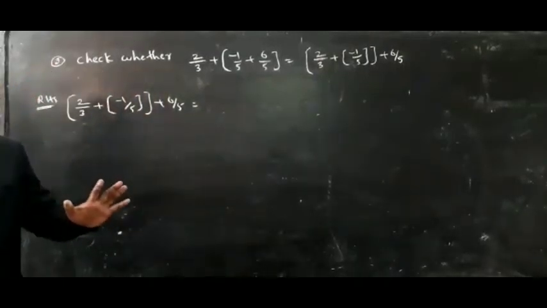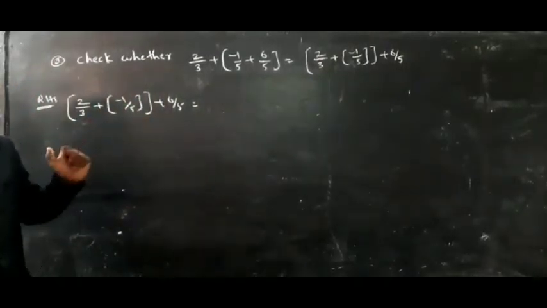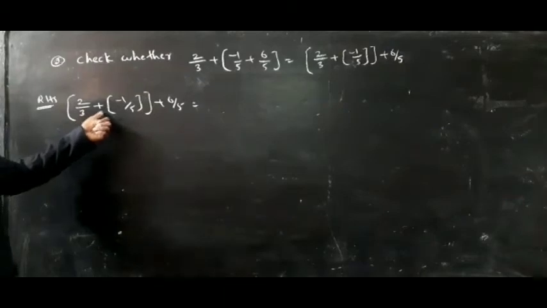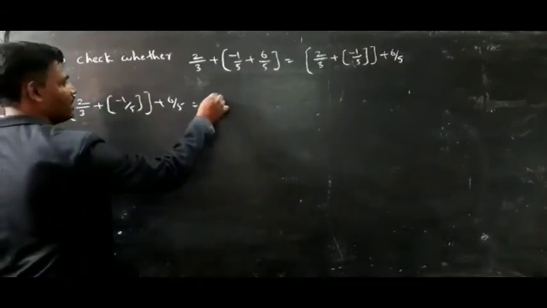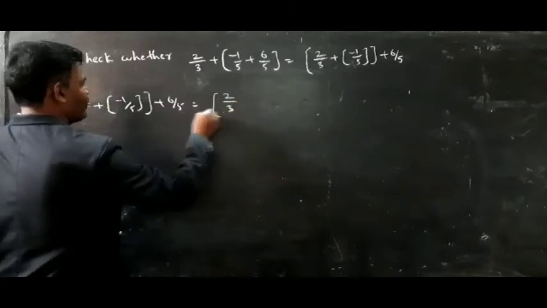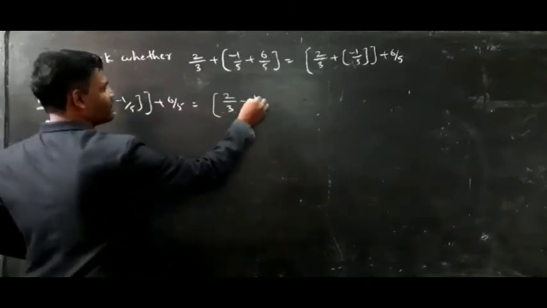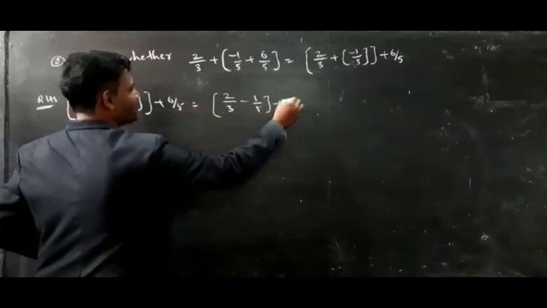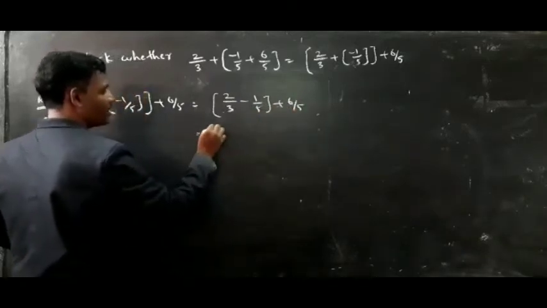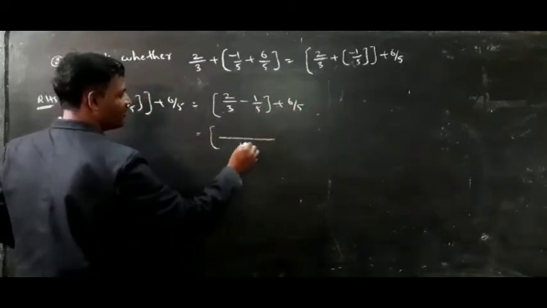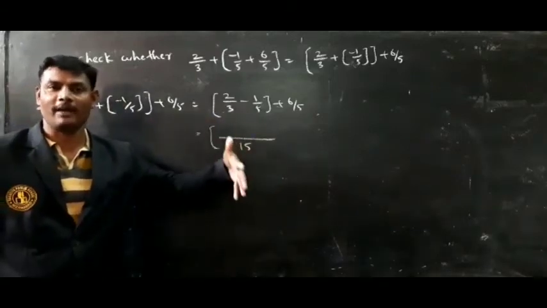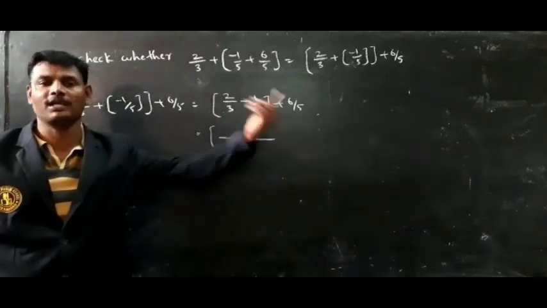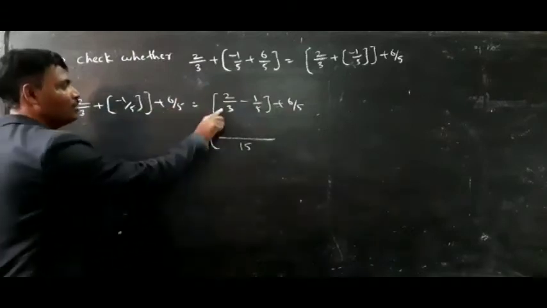Now I am going to find the value of RHS. What is RHS? 2 by 3 plus minus 1 by 5 plus 6 by 5. See here, 2 by 3, plus into minus, minus 1 by 5, plus 6 by 5. Here, what is the LCM? 5 3s are 15. Why? Because both are prime numbers. The LCM of prime numbers is equal to the product of those numbers.